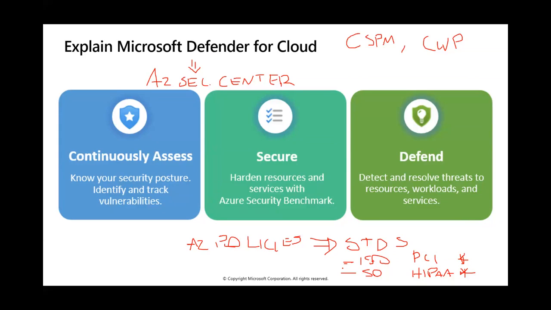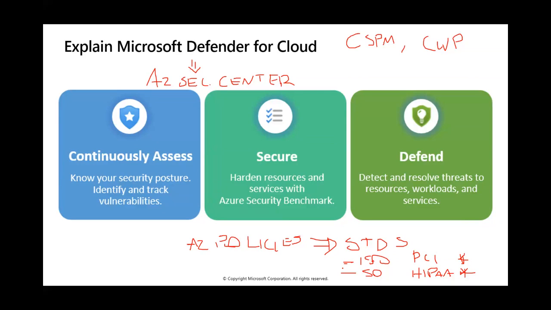Eventually Defender will create a security score for that. So with the lack of compliance, I will see the points that I could get by making those resources compliant, and I will not receive those points. At the end, the overall security score goes on a scale from 0 to 100%.